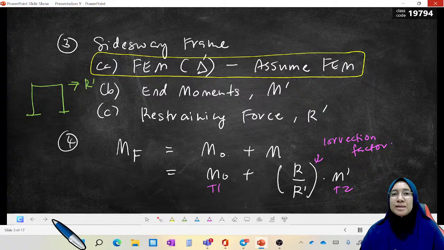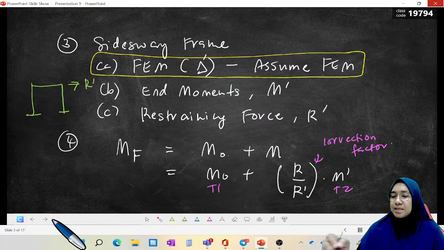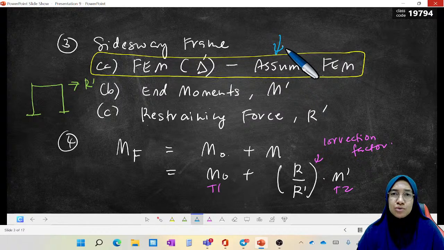The most complicated part, which many students think is complicated, is actually step 3A, where we need to assume FEM for one member and calculate FEM for another member related to the FEM that we assume.